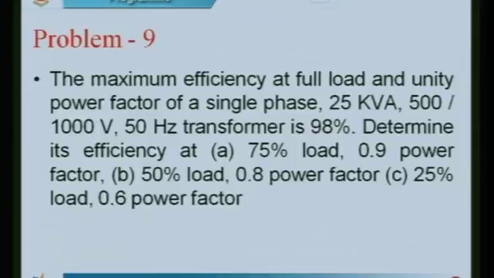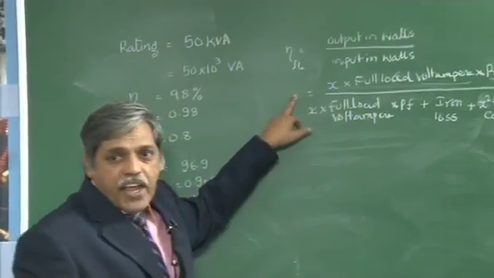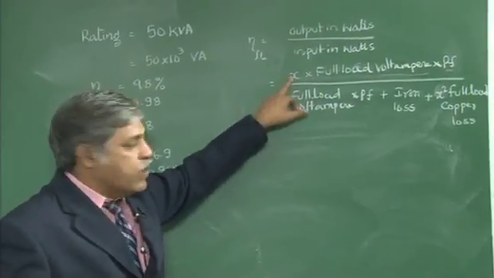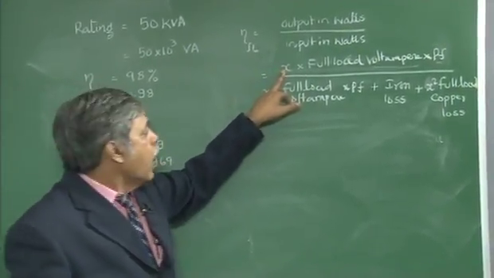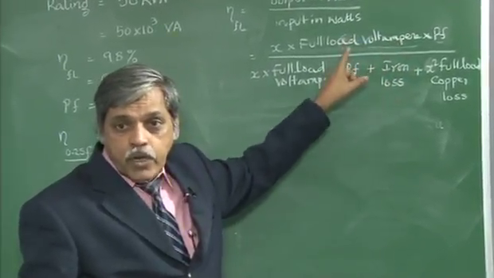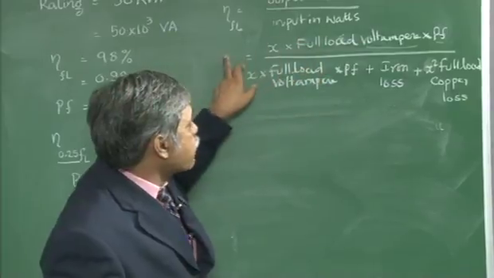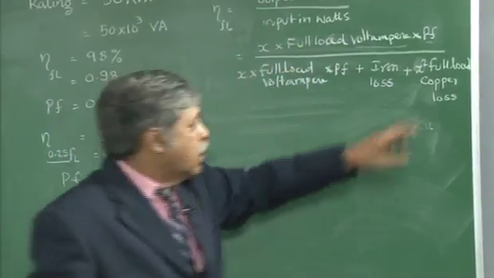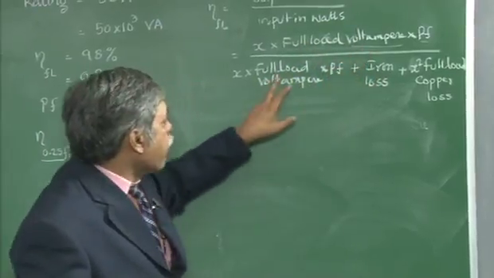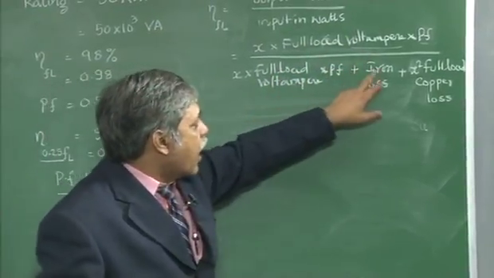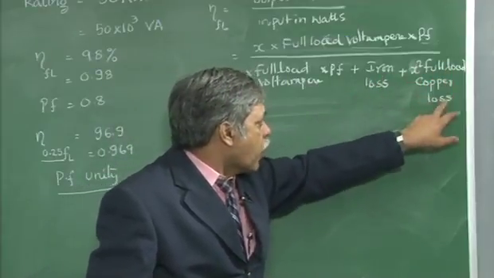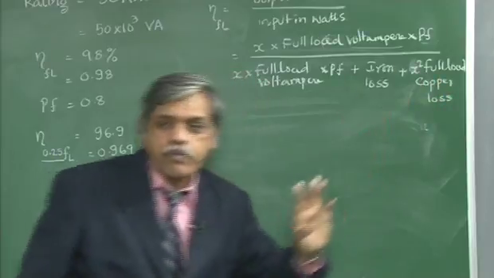So if I substitute 0.98, with x equal to 1 since it occurs at full load, the full load volt amperes is 25,000, and the power factor is 1 at maximum efficiency. So 25,000 divided by 25,000 plus Wi plus Wcu, with x equal to 1.